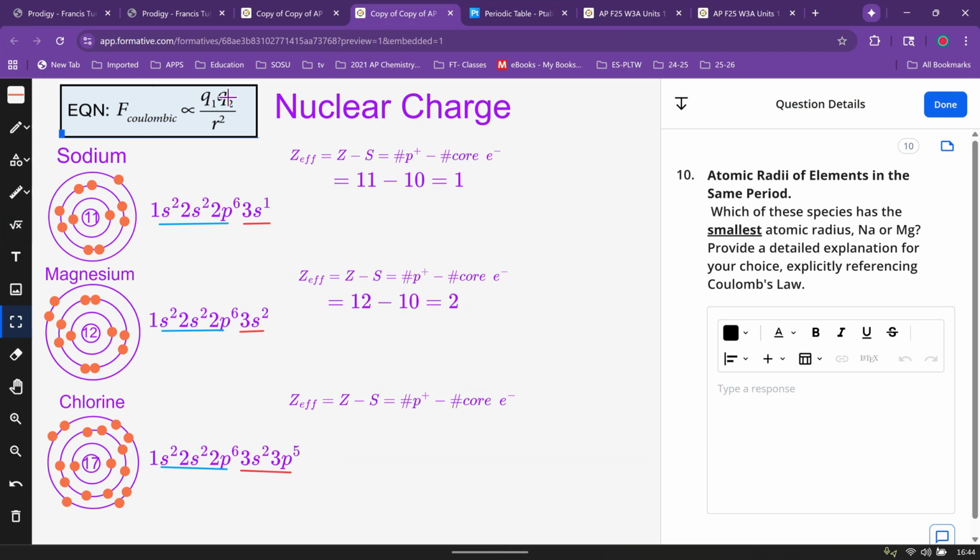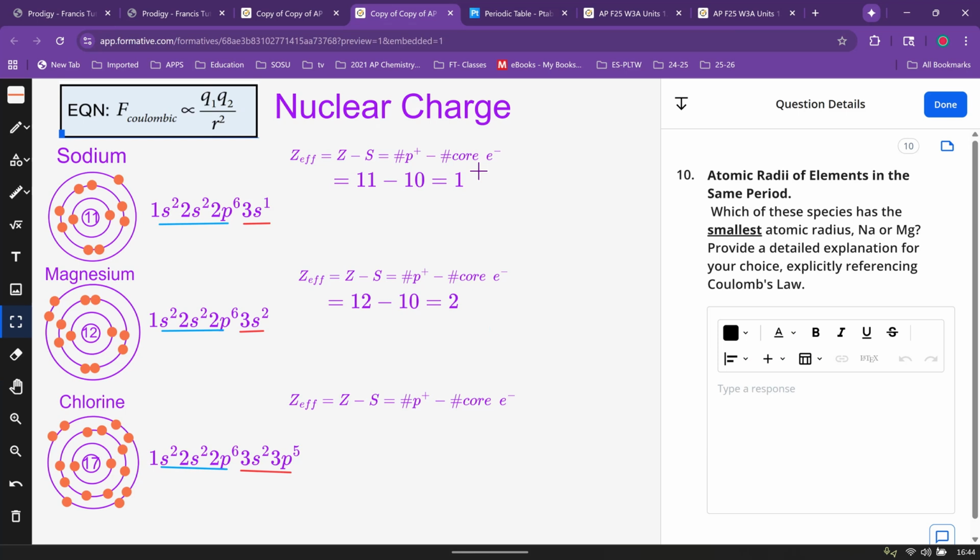And so we can say if the effective nuclear charge is 1 in sodium and 2 in magnesium, well, then we can say that the force of attraction between the valence electrons and the nucleus in magnesium is greater than in sodium. Do you see that? And we have a quantitative way of doing that.